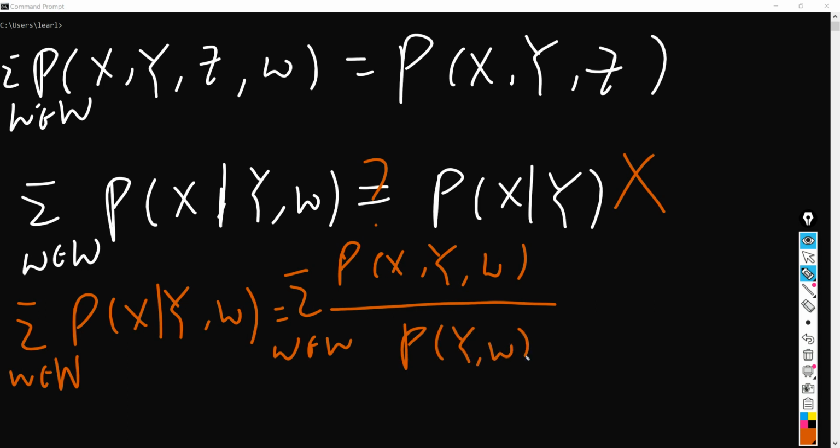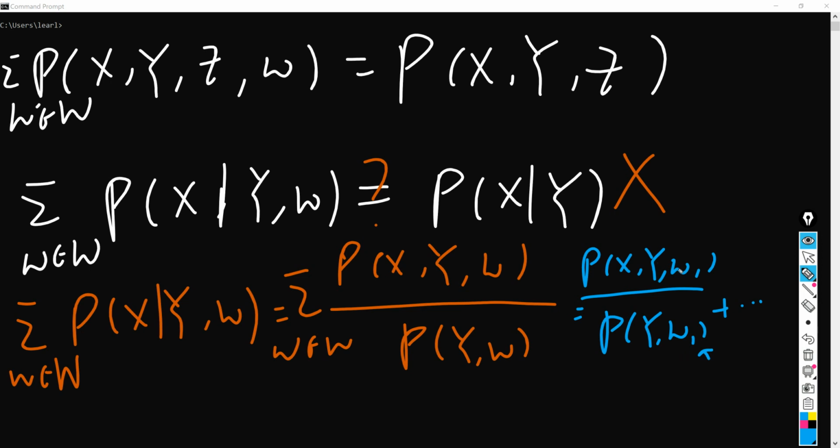So what does this mean? It's actually, you can put many terms together. So for example, x, y, omega 1 and p(y, omega 1) plus blah blah blah. So change the 1 to other numbers.